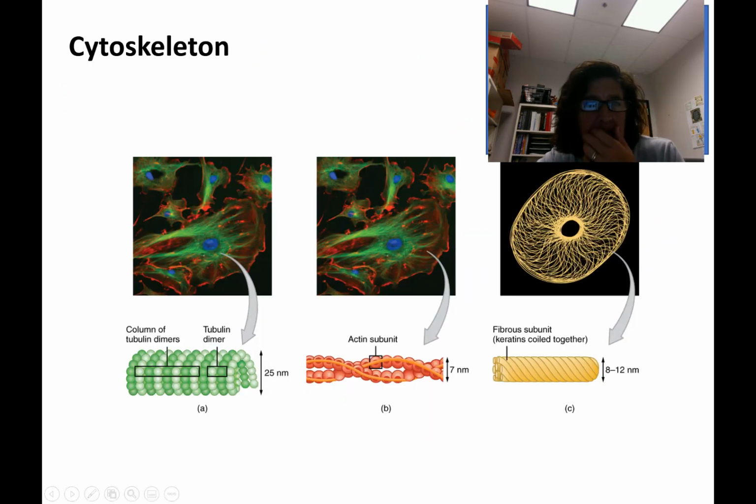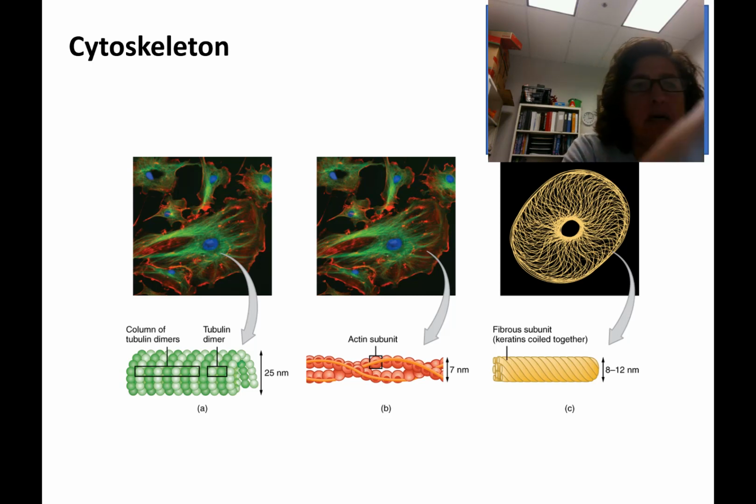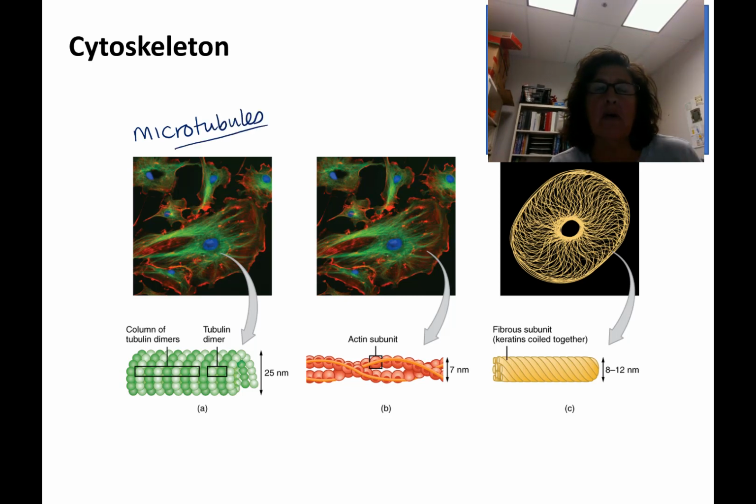Okay, and this is an image showing you the different types of cytoskeleton. So here in A, you have what we call microtubules, and like I said, I'll talk about the individual functions in just a minute.